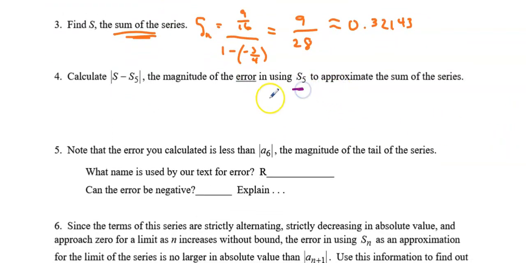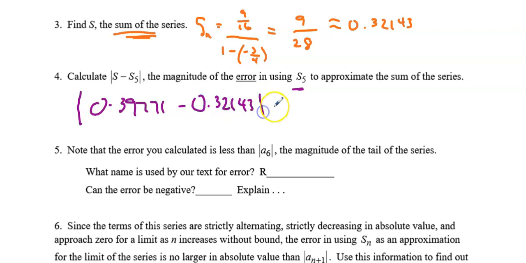So with that being said, I'm going to take my difference, my S minus S of 5, the absolute value of 0.39771 minus what we just found there, 0.32143, and I'm going to get the value of 0.0763.